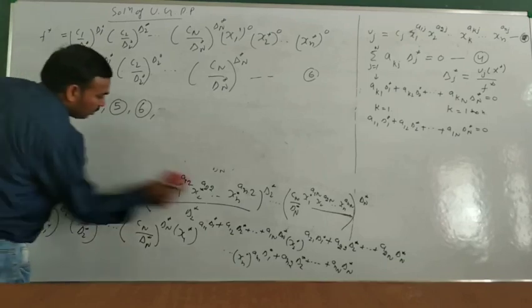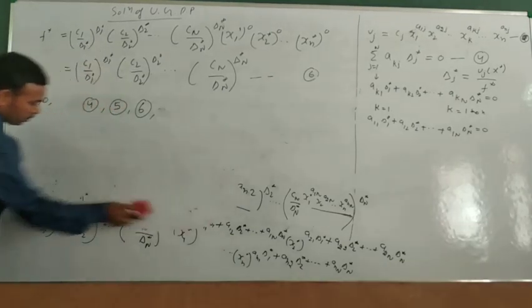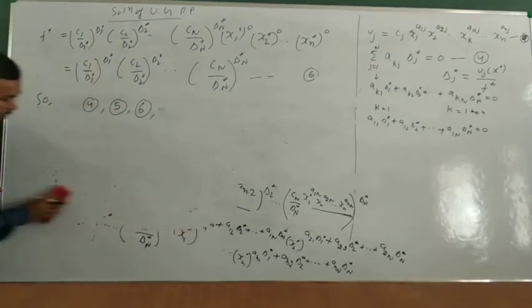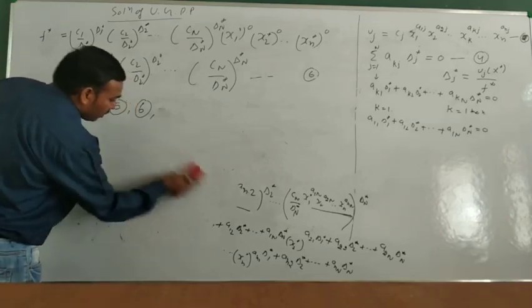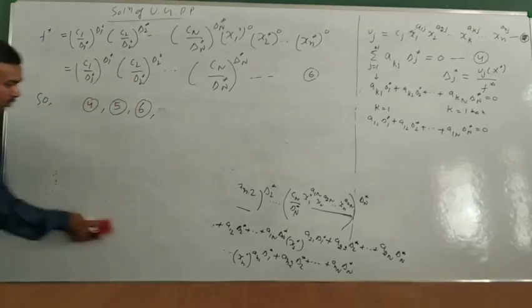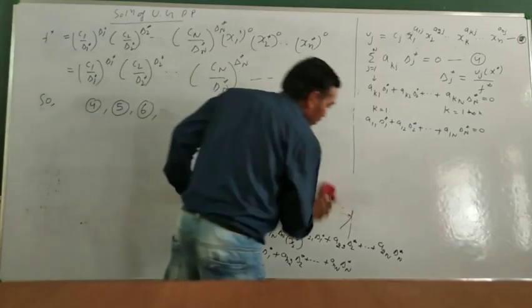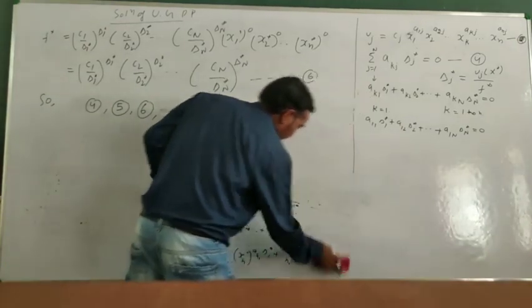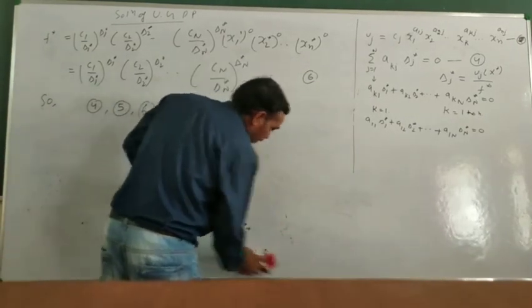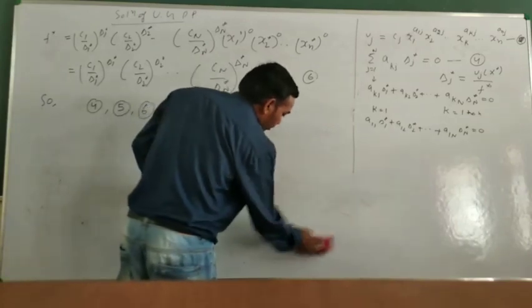Now our motive is first to find the dual of the given geometric problem, the given non-linear optimizing problem.